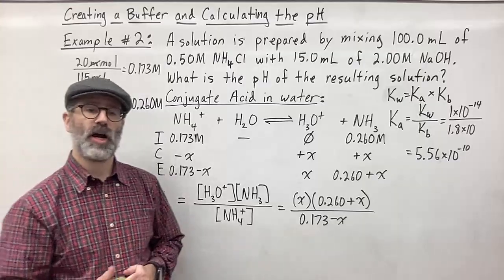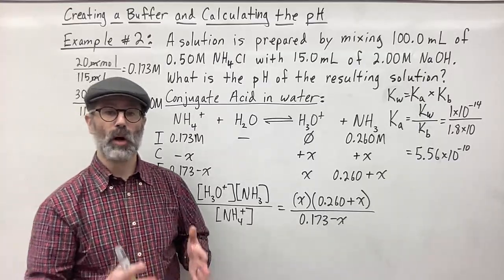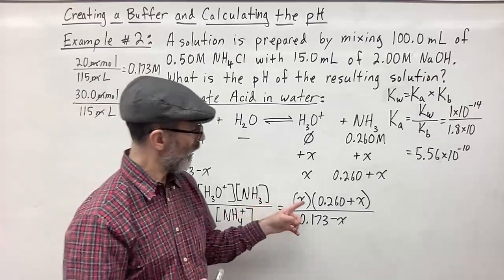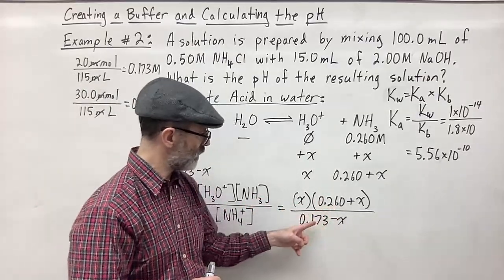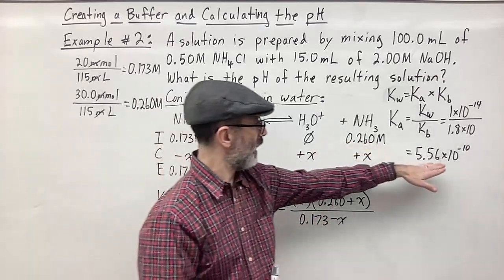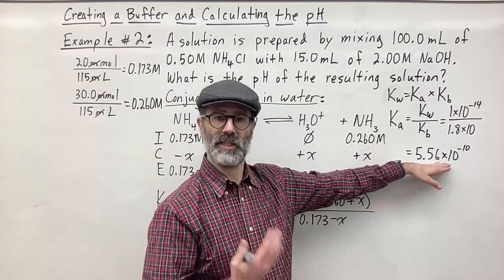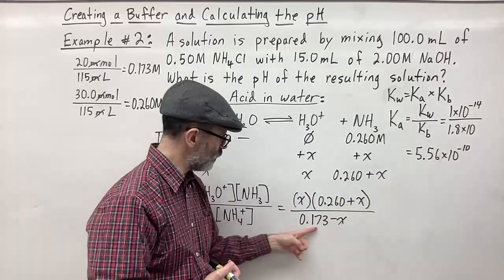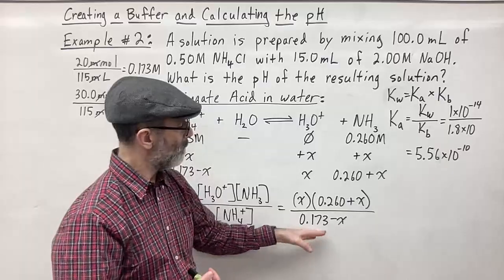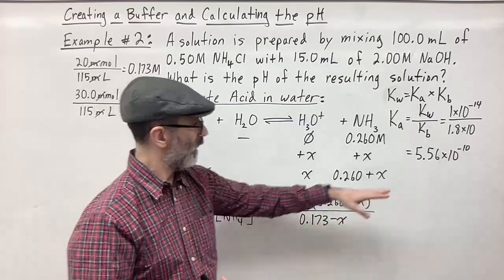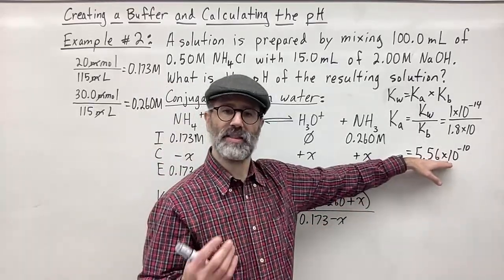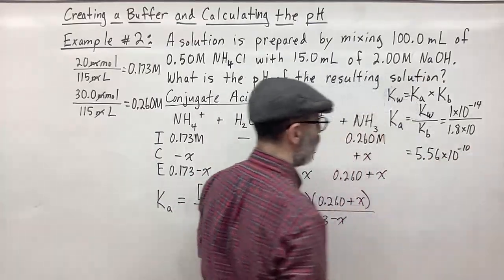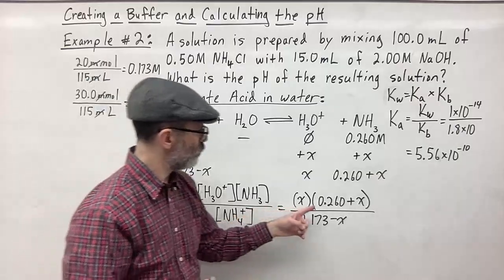So here is where we can do the x is small approximation, and that is justified by the fact that if you compare the initial concentrations that we have with the Ka value of this reaction, you'll notice that the initial concentrations are much, much larger than the Ka value, or another way is that the Ka value is much, much smaller. Very, very small compared to the starting concentration.